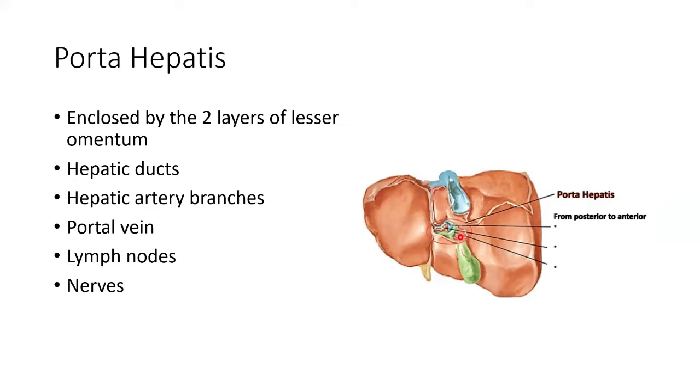From this area, the lesser omentum extends to the lesser curvature of the stomach. You have the hepatic ducts, the branches of the hepatic artery, branches of the portal vein, and you also have lymph nodes and nerves which enter and leave the liver here.